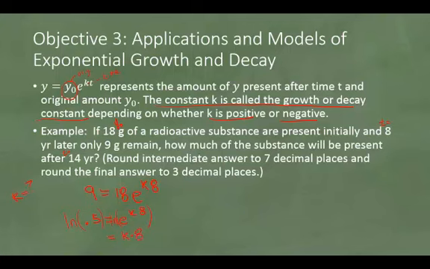The bases cancel. Remember, we don't write e there, but it is there, and then they cancel. And here we just have the natural log of 0.5. So we almost have solved for k. We just have to divide by 8. So it turns out that k is equal to the natural log of 0.5 divided by 8.